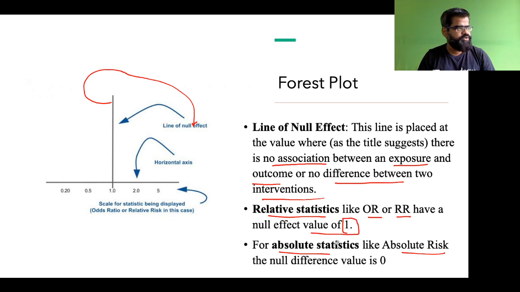And when you are taking absolute statistics, students, the value is 0. In this you can see the line of null effect. We have taken odds ratio, relative statistics, so it is 1. Based on this discussion, one thing is very sure: there is a horizontal axis where you plot your relative risk, and a line of null effect which indicates that there is no association.